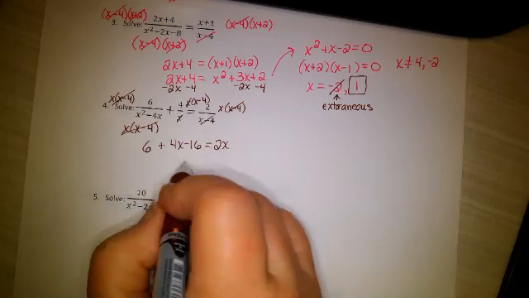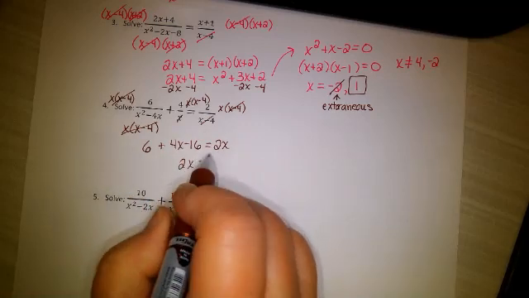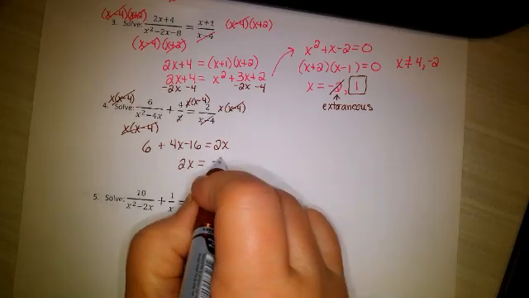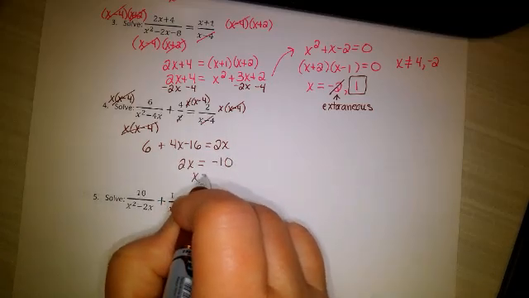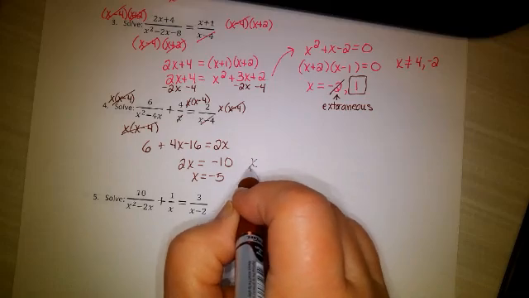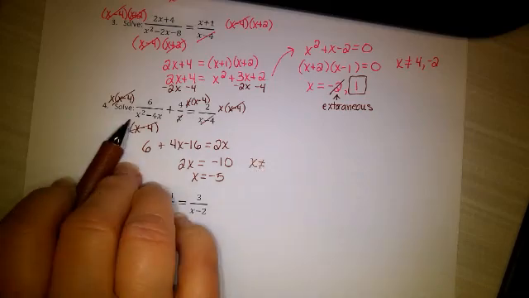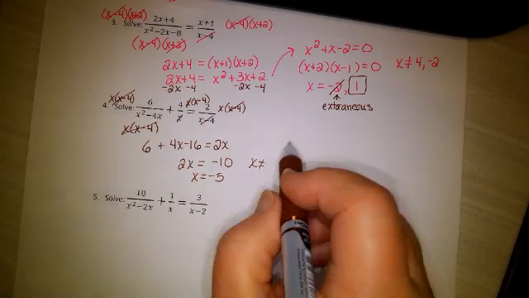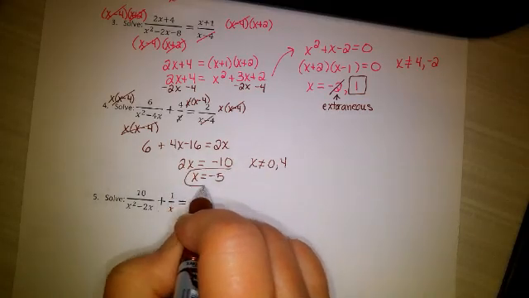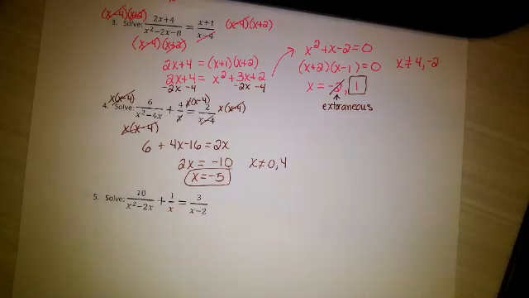So subtract 2x, and then 6 minus 16 is -10. So I solve it to get x equals -5. Check those restricted values. In the original denominator, x can't be 0 or 4. So x equals -5 is an okay answer.